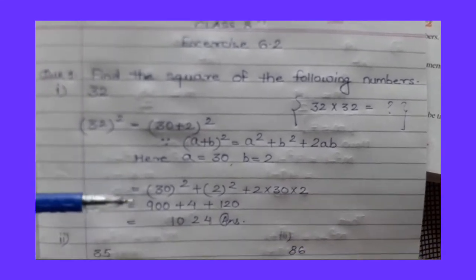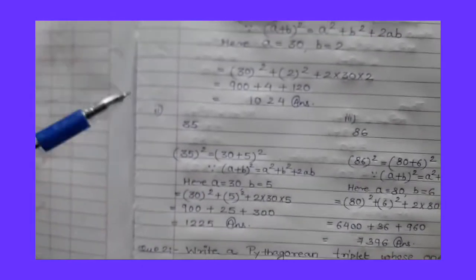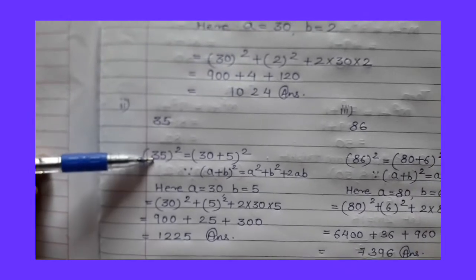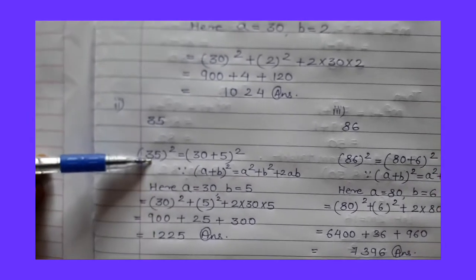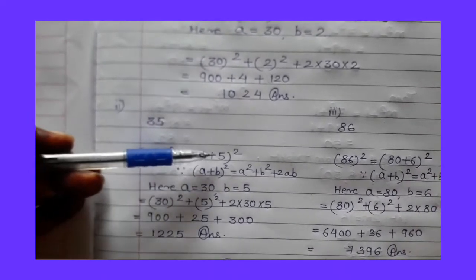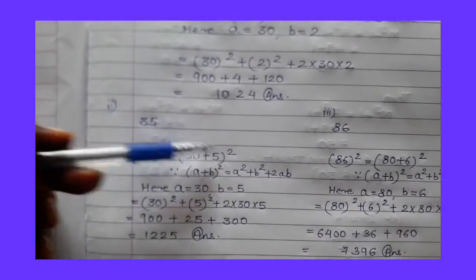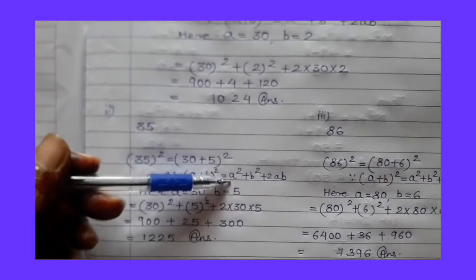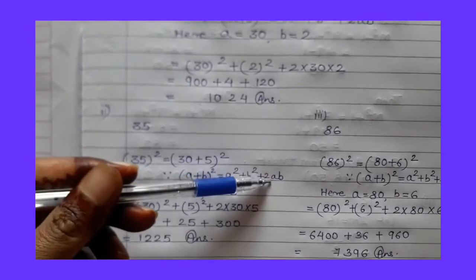Then second part is 35. Same way we'll do. Same way 35 square, again we'll split this 35 as 30 plus 5. Now you'll use identity. A plus b whole square, this is a square plus b square plus 2ab.